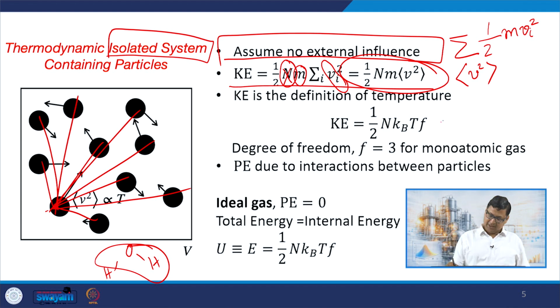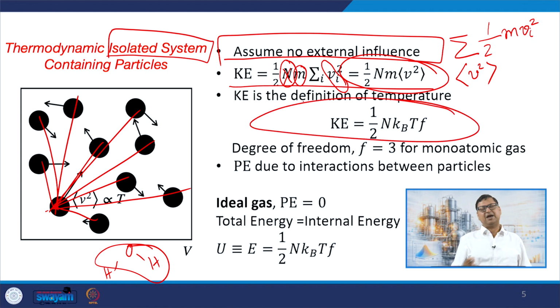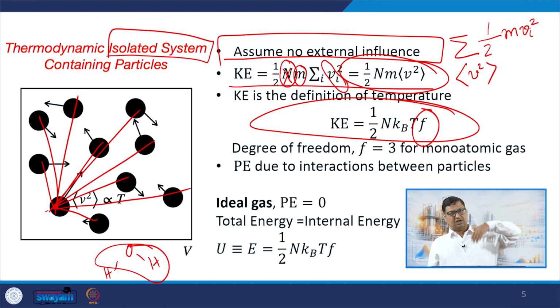Okay. So now strictly speaking, from kinetic theory of gases and using the idea of what is known as the equipartition theorem, we can define the kinetic energy as something like half multiplied by n kBT f, where n is the number of molecules and f is the degree of freedom of the molecule. That is, how many directions it can move, or how many kinds of movement it can do.